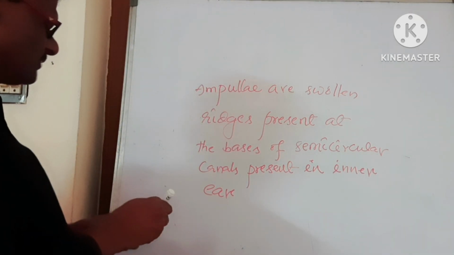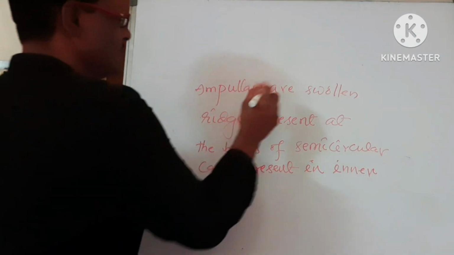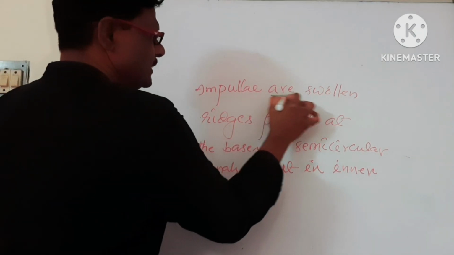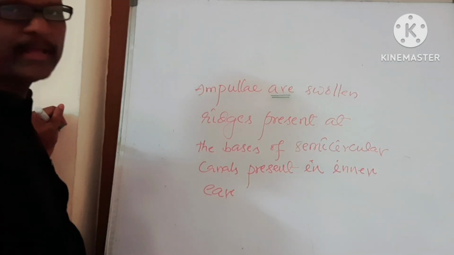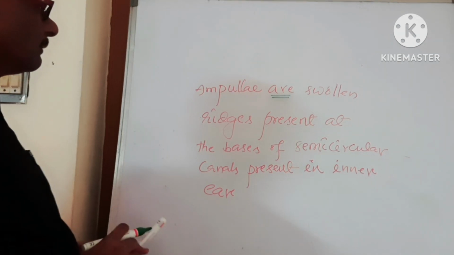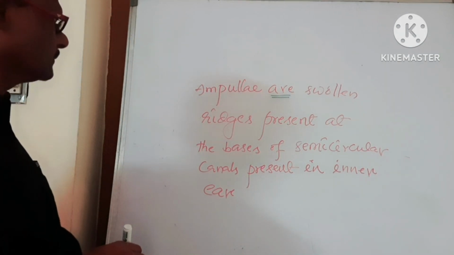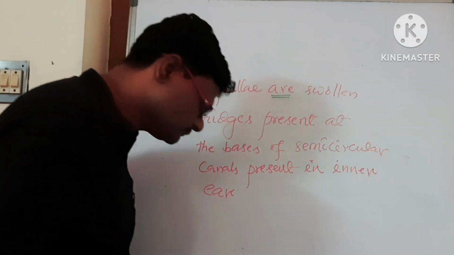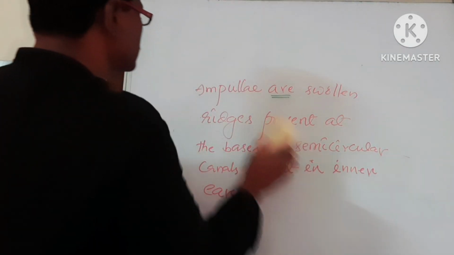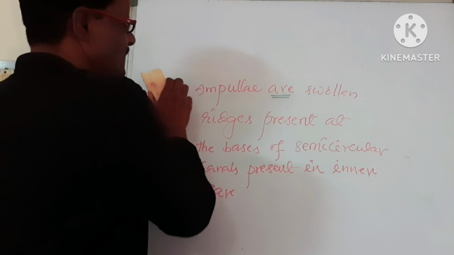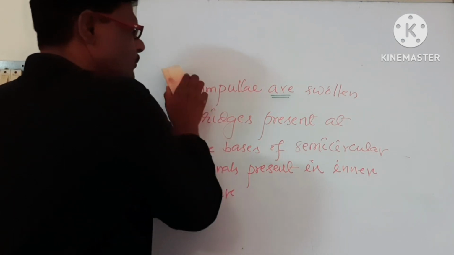See here, the plural word ampullae, we go for the auxiliary verb are. In another context, I'll explain ampulla. Let me wipe it out. Okay, are you understanding? I think so.